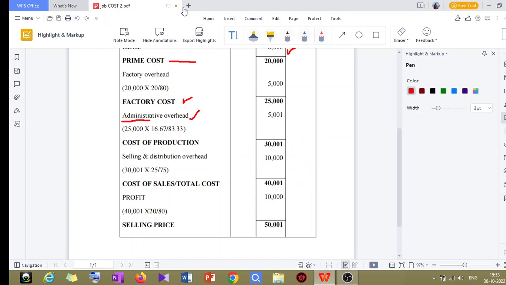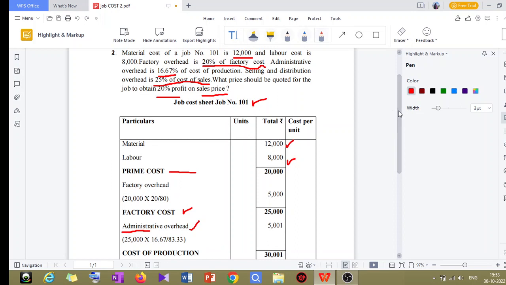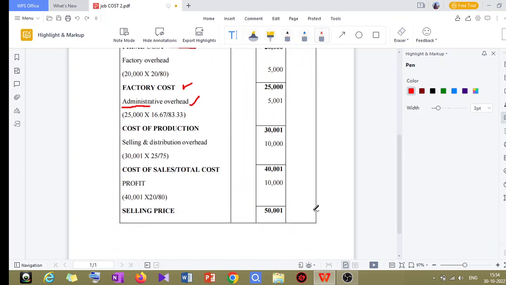Right. Okay. See the last step, the calculation of the profit. Now what they mentioned, what price should be quoted for the job to obtain 20% profit on sales price. So if the selling price is 100, your profit is 20.